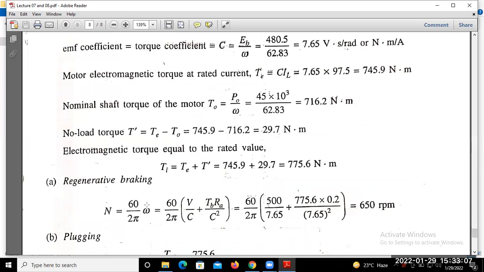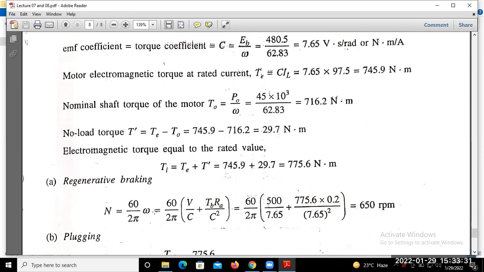Regenerative braking. First case is regenerative braking. A speed can be converted from radian per second into revolution per minute, that is equal to 60 omega by 2 pi. Just put here the value of omega.